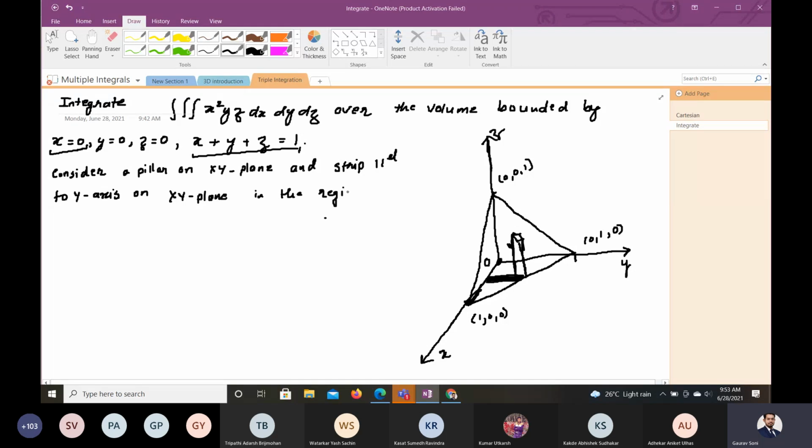Now I will start with the ground. The strip is parallel to which axis? Y-axis. So which limit has to be fixed now? Please respond, or else you won't be able to understand this later.